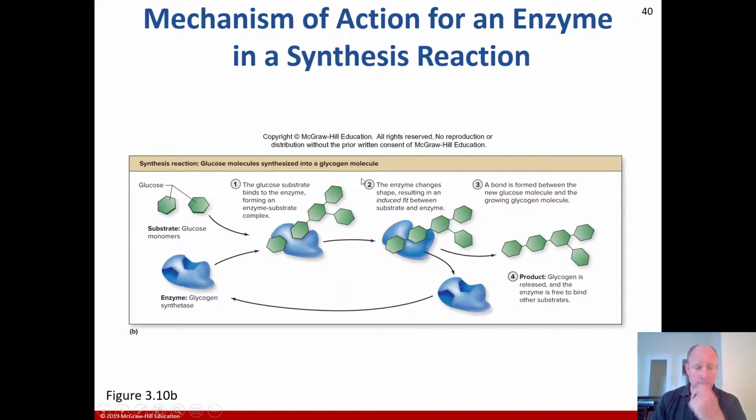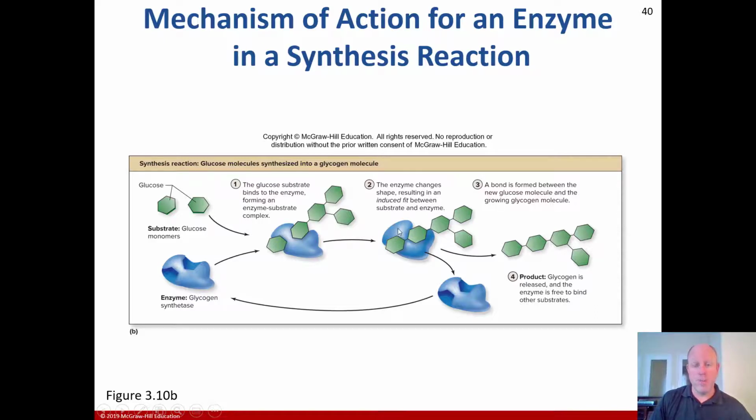In a synthesis reaction, we have the substrates, two different glucose monomers, and then we have glycogen synthetase, which you can infer is synthesizing glucose into glycogen, right? So this glucose substrate binds to the enzyme, forms this enzyme substrate complex.